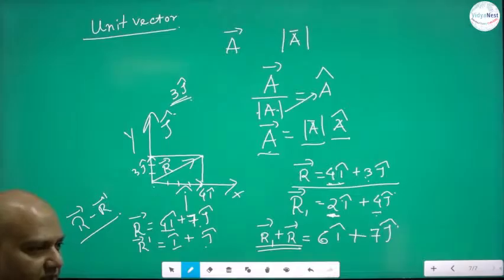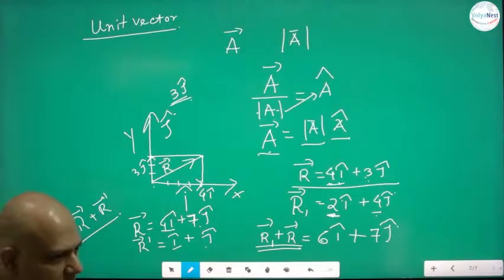Clear? So if I tell you to add these two, r plus r dashed, understanding? Very good.